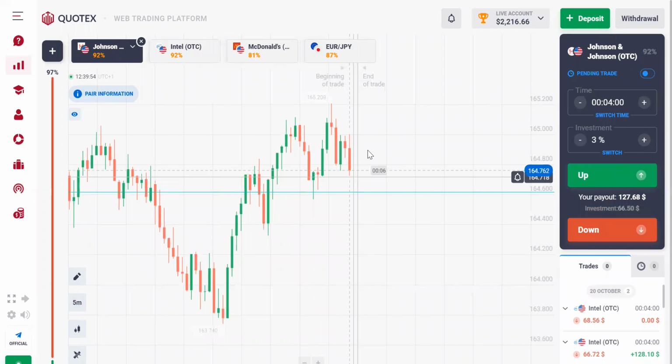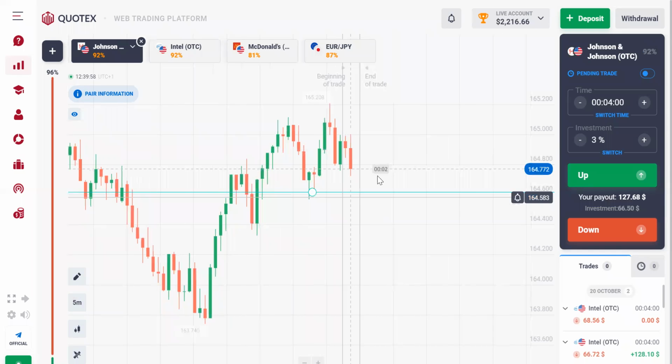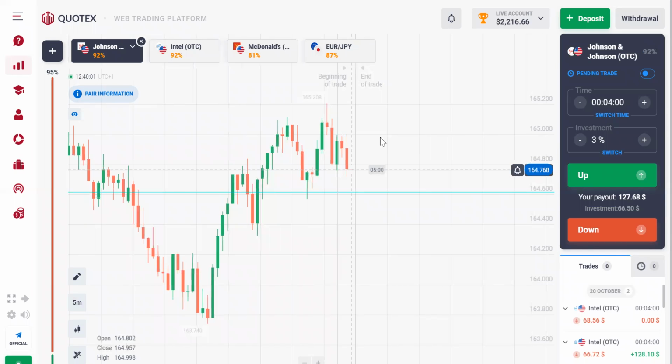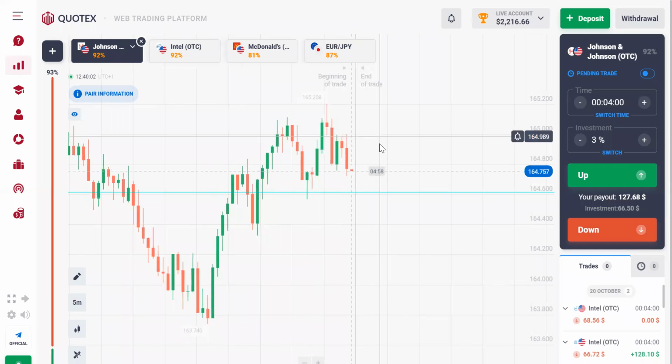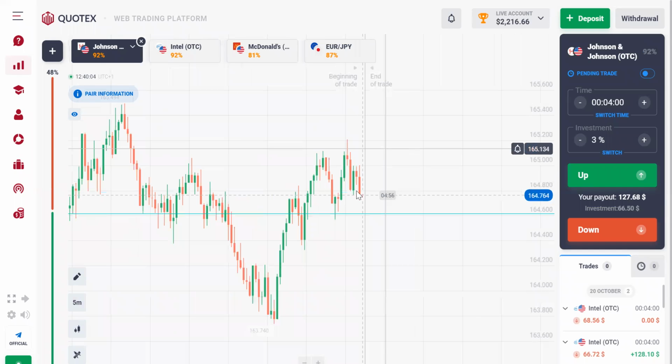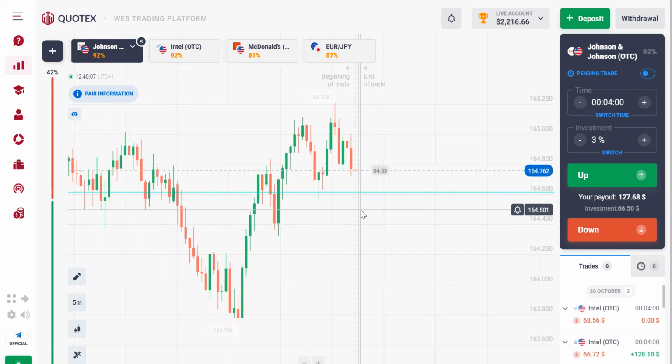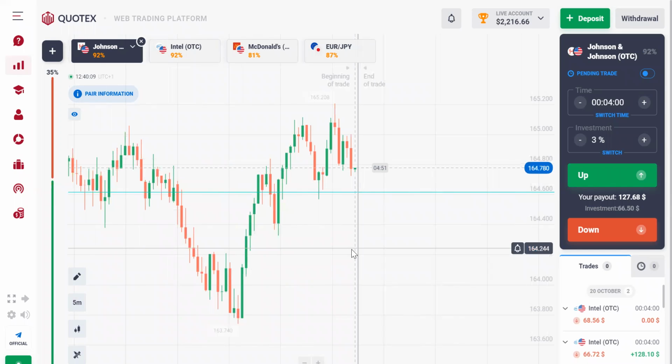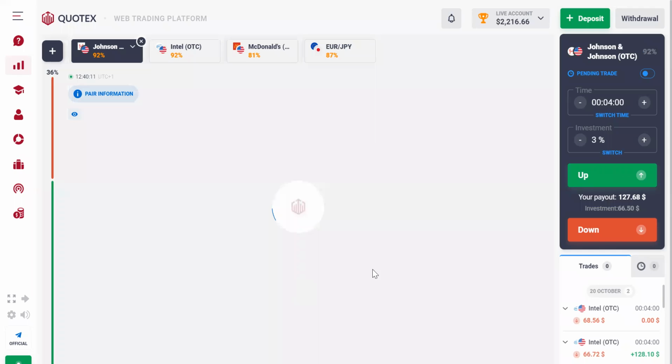Right, I think this guy might be ready to sell. If you close below the lows of that green candle, it might be a good sign for sellers. Let me see how the 1 minute chart looks.